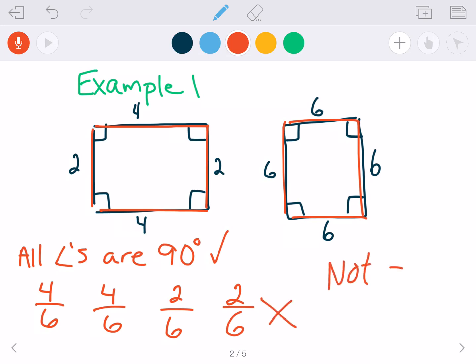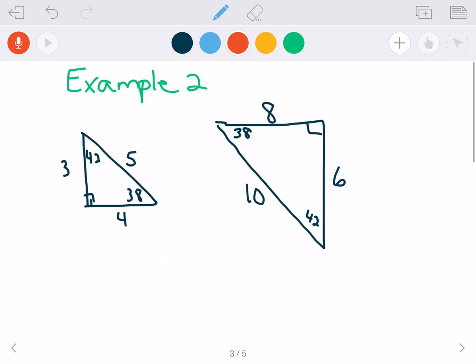Automatically, 4/6 is not the same thing as 2/6. So this does not work. So it is not similar, and it is also not congruent. Remember, similar, the sides have to be proportional. Congruent, everything has to be exactly the same.